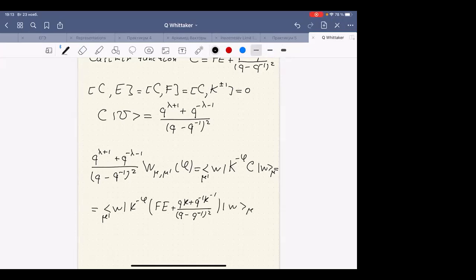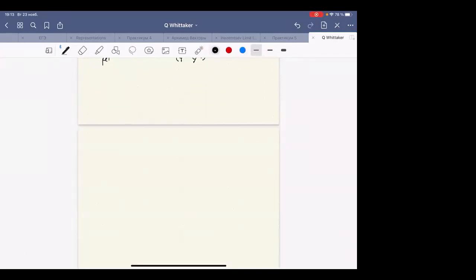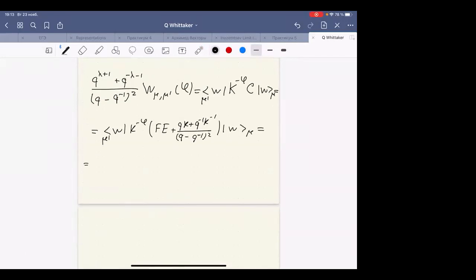Again, I want to divide the Casimir into 2 parts. This part is not very difficult. With this part we'll work knowing that this is a Whittaker vector and this is a dual Whittaker vector. So E will act on the Whittaker vector and give us mu. So let me write.